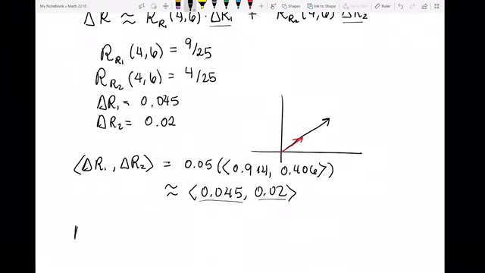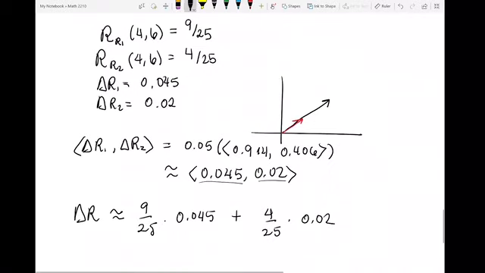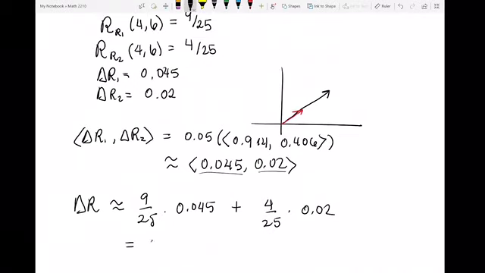Okay, so I have here that delta R is approximately equal to 9/25 times my delta R1, 0.045, plus 4/25 times 0.02, and this comes out to 0.02 ohms. Right, so that is the approximate change. That's an approximation for the maximum error or the maximum change in R.